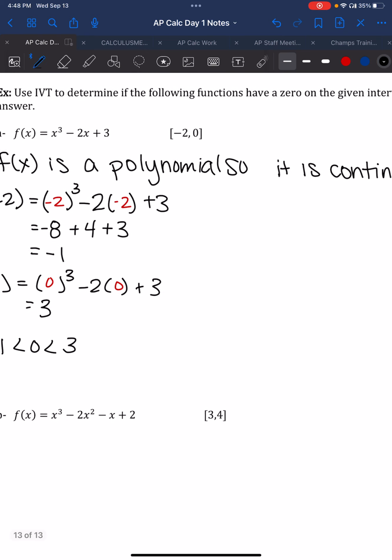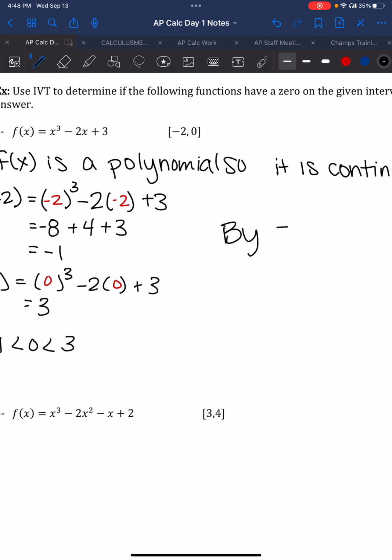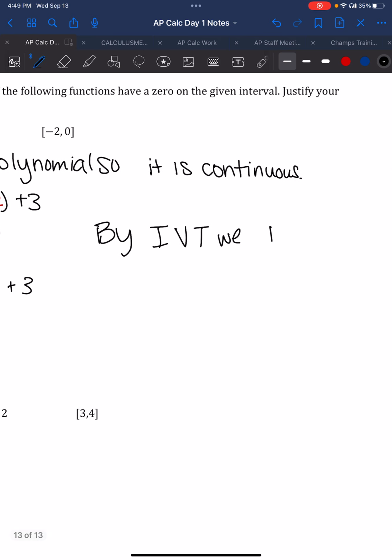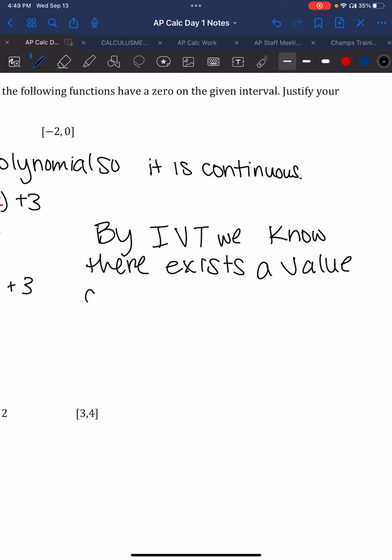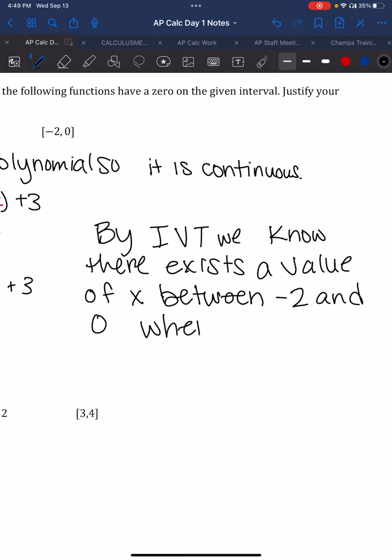So by IVT, we know there exists a value of x, specifically between negative 2 and 0, where f of x equals 0.